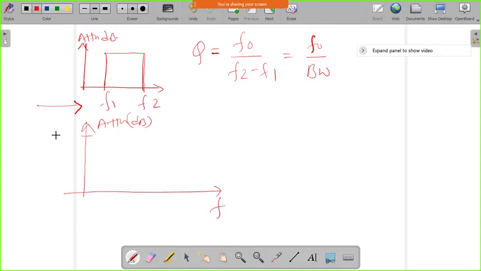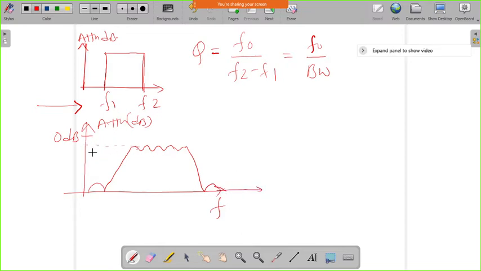If I take this as the maximum gain, which is 0 dB, we'll get something like this curve. Something like this will come.